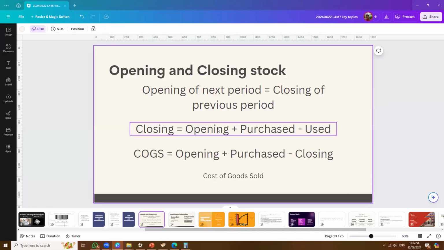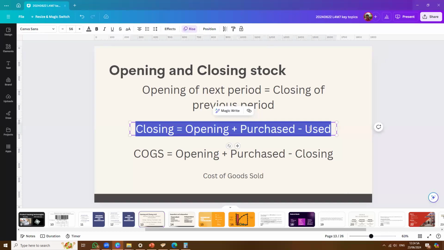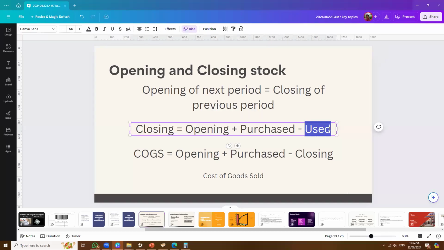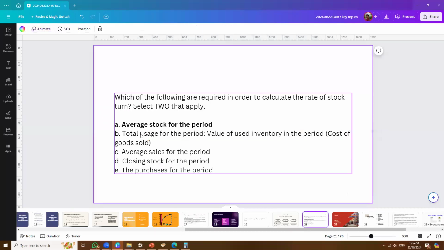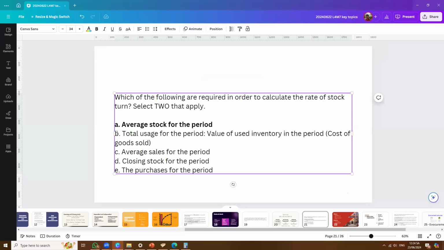And the cost of goods sold I also express as the used inventory. So the total usage for the period is the cost of goods sold, and it's a part of the formula here. So B is correct.